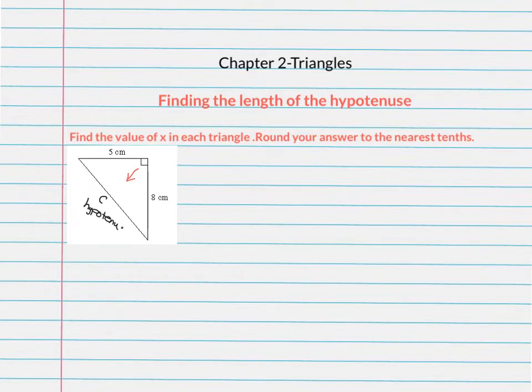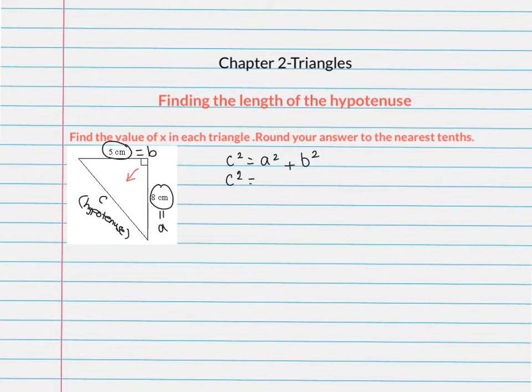Remember, when we need to find a missing side in a right triangle, our reference is the Pythagoras theorem, which is c squared is equal to a squared plus b squared. 8 could be a and 5 could be b. We start now by substituting the values that are given.